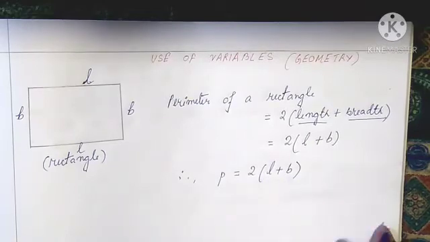So this L and B are the variables. This is how we are going to use variables in the rules of geometry.